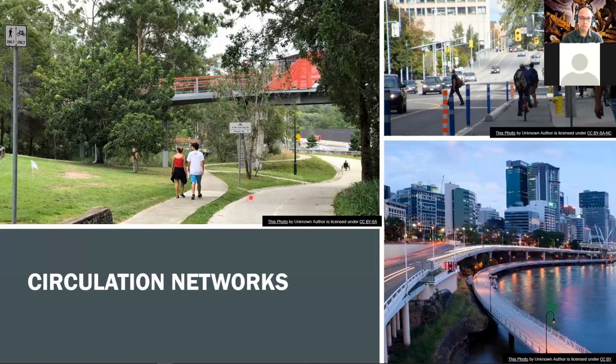In this picture here, the pedestrian network and the cycling network are segregated by vegetation. Unfortunately, in some segments, both networks are very closely aligned.